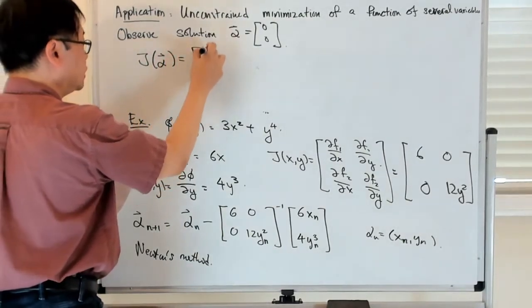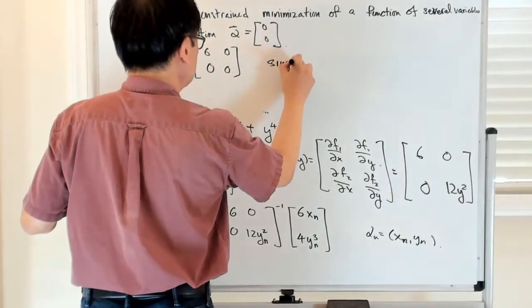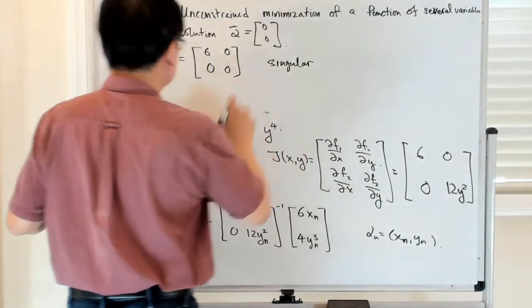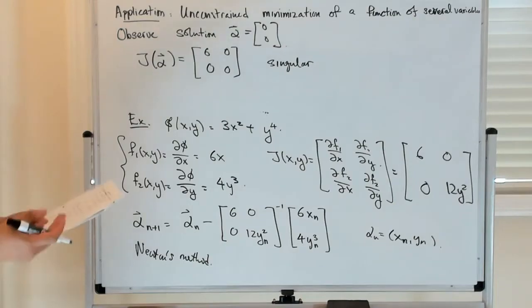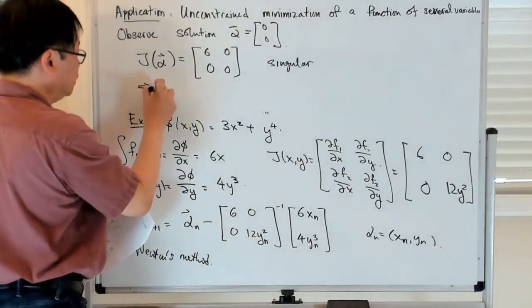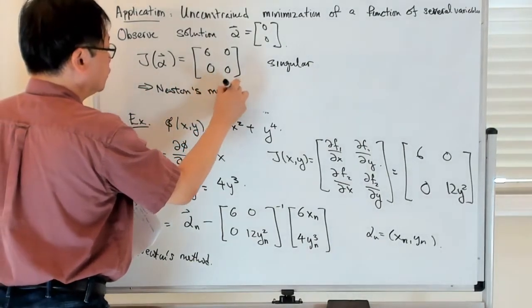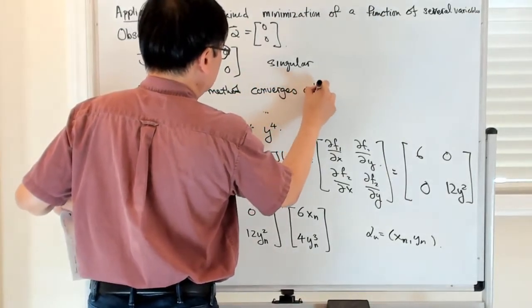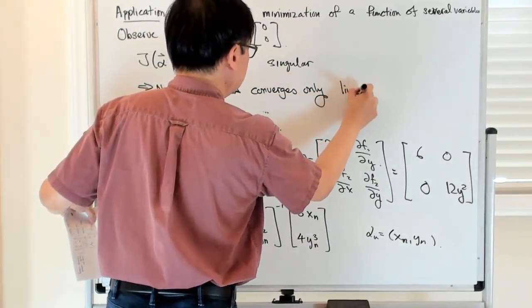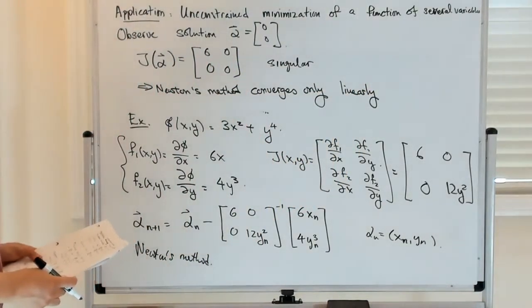It's going to be 6, 0, 0, 0. So this is singular. If you recall, if the Jacobian at the root is singular, then Newton's method converges only linearly. So Newton's method converges only linearly for this problem because the Jacobian at the root is singular.